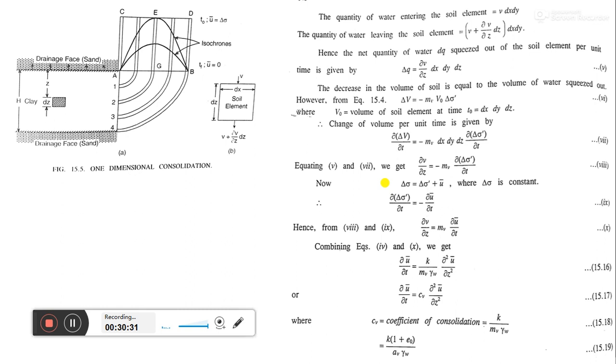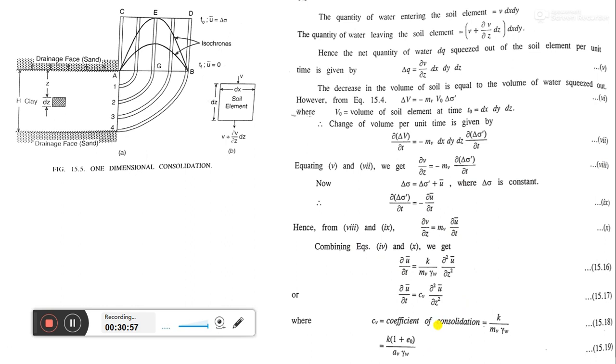So my total stress is always constant, and from this equation del delta sigma dash by del t equals minus del u dash by del t, and hence from equation 8 and equation 9, del v by del z equals mv into del u dash by del t.